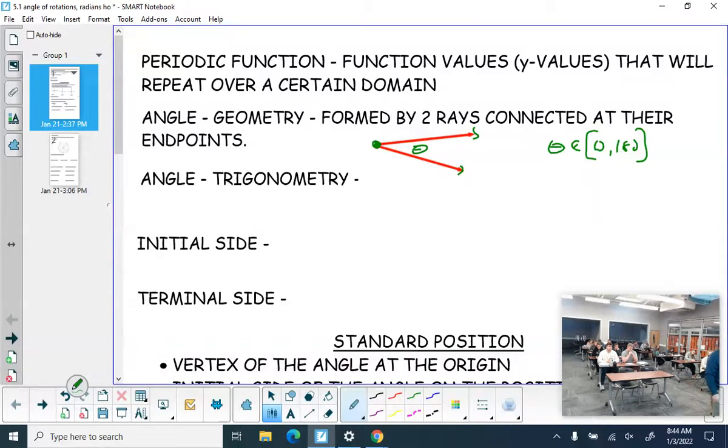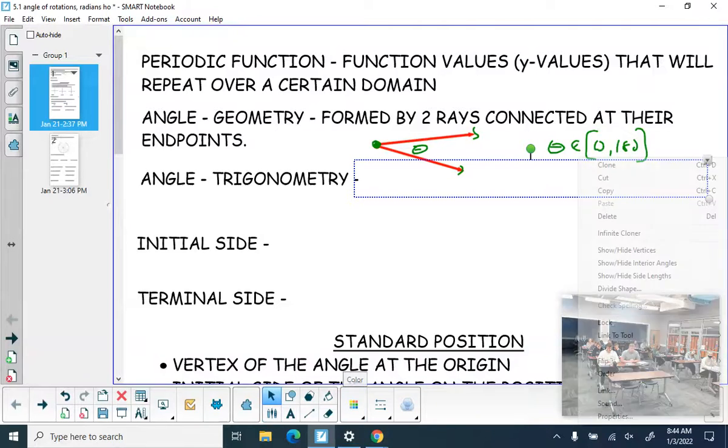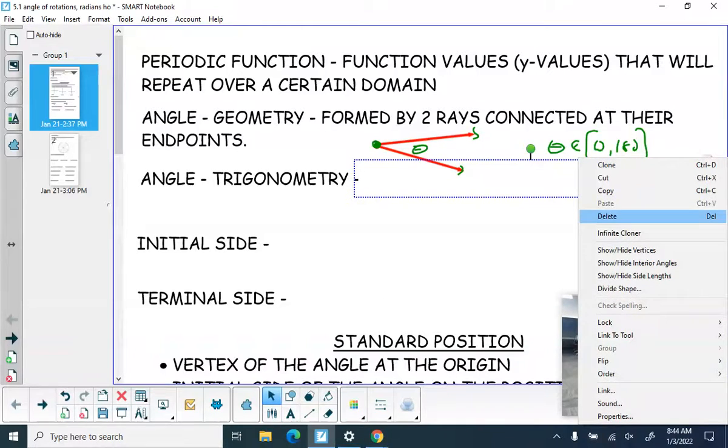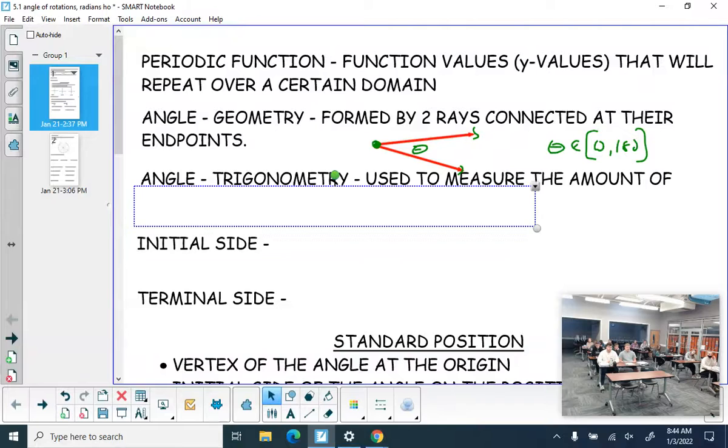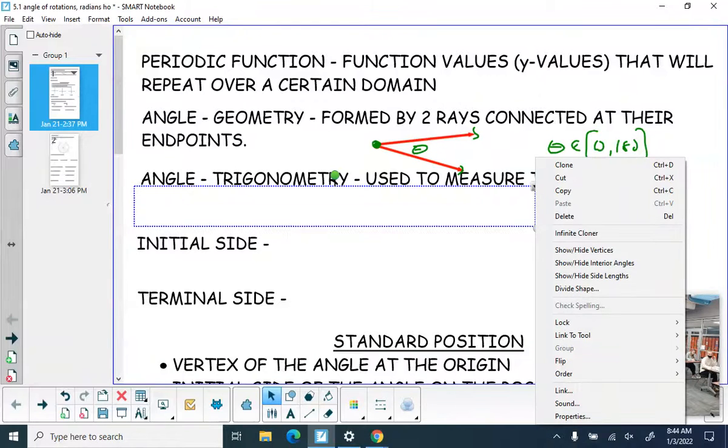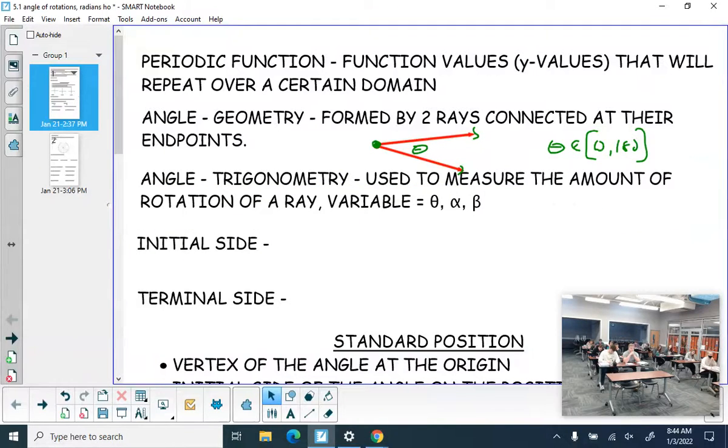Well, when we talk about trigonometry, trigonometry is a little bit different, because we don't want to just restrict ourselves to the 0 to 180 degrees.